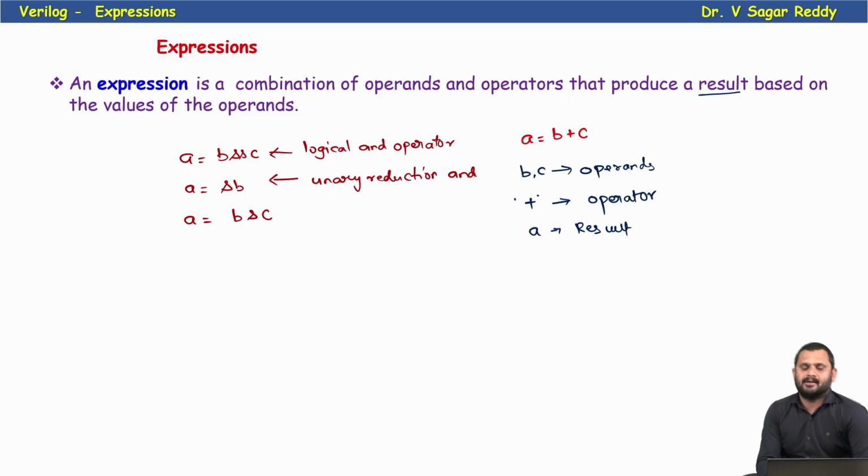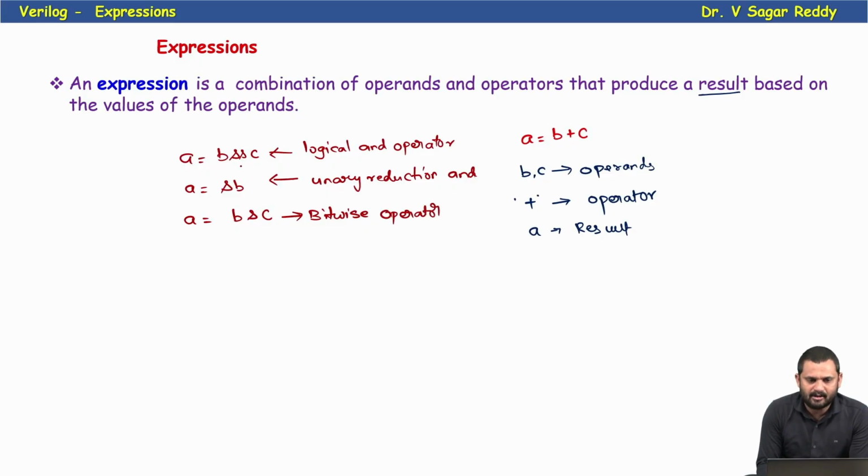It is a unary operator because we have only one operand. So in this expression, the ampersand is a unary reduction AND operator, whereas B & C is a bitwise AND operator.